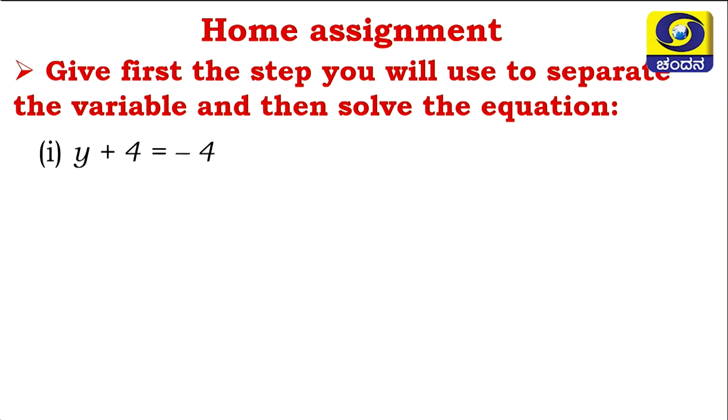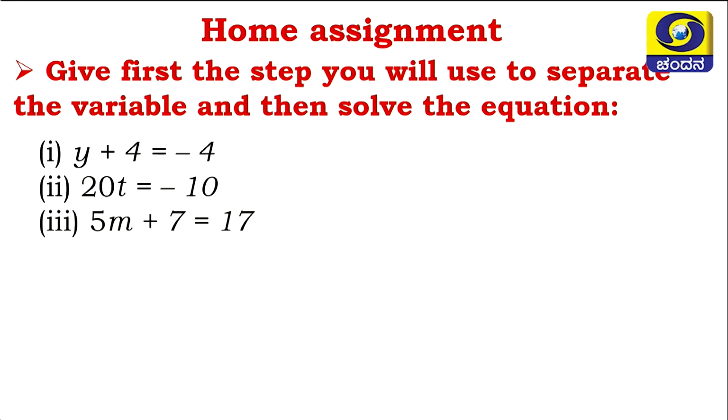First one, y plus 4 is equal to minus 4. Second question, 20t is equal to minus 10. Third one, 5m plus 7 is equal to 15. Fourth one, z divided by 3 is equal to 5 by 4.